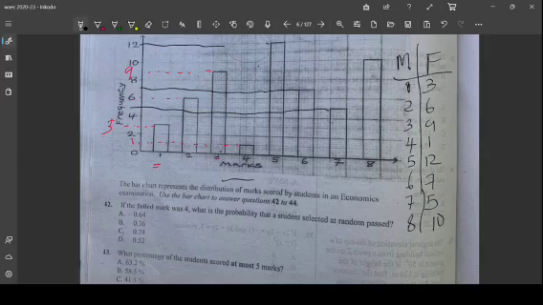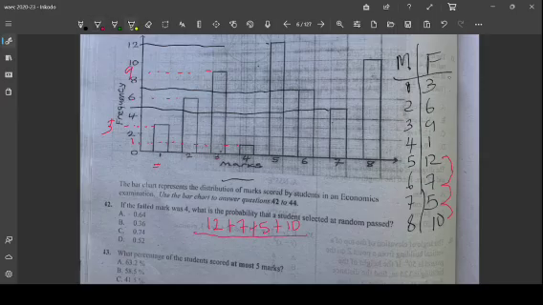So from that table, we are going to count the students that scored 5 and above. We have 12 students that scored 5 plus 7 students that scored 6 plus 5 students that scored 7 plus 10 students. These are the students that passed. So write 12 plus 7 plus 5 plus 10, all over the total number of students.